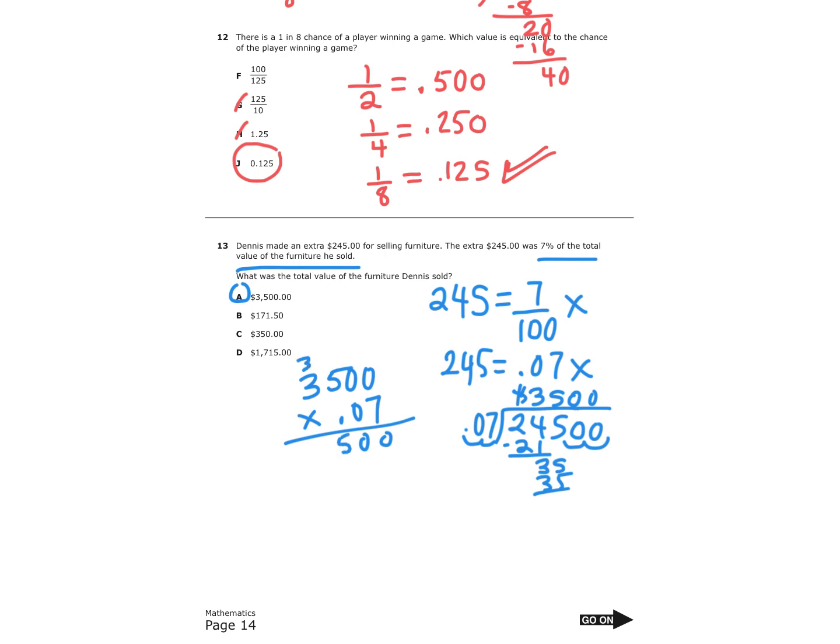Carry a 3. 7 times 3 is 21. Plus 3 more is 24. And then you have 2 decimal places because of the percent. So it goes right here. So it is 245. It does make sense. It does check. 7% of 3,500 is $245. So the answer was A for number 13.